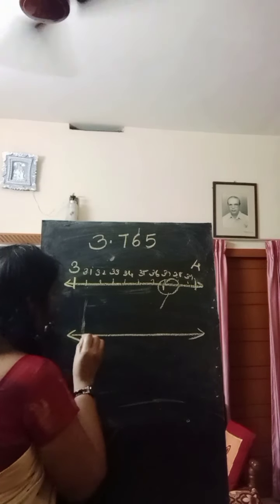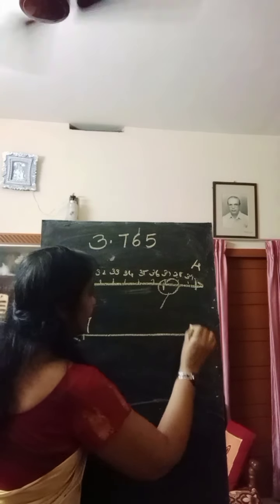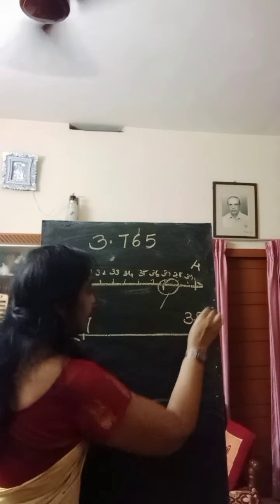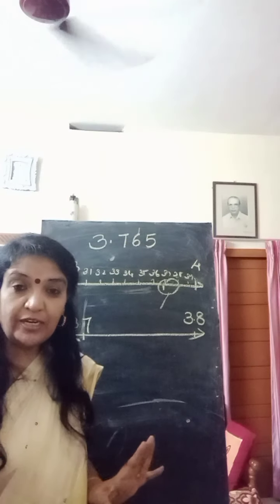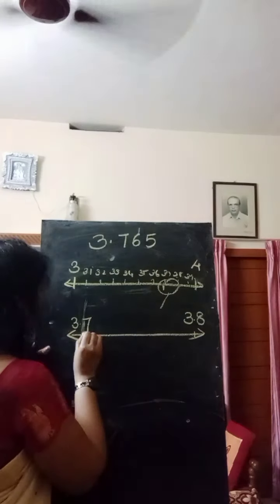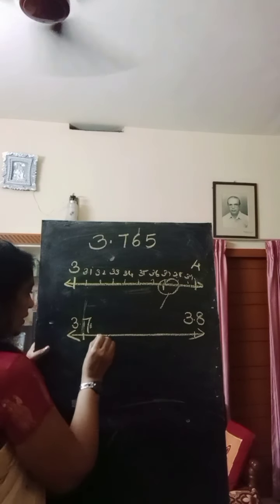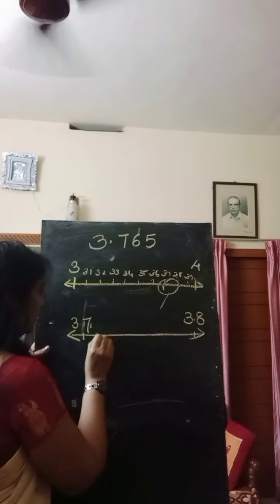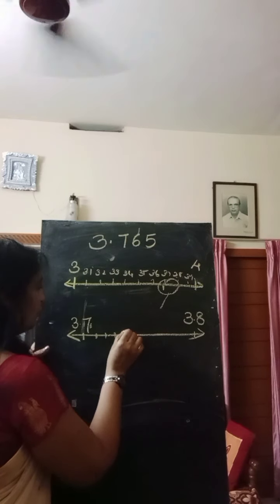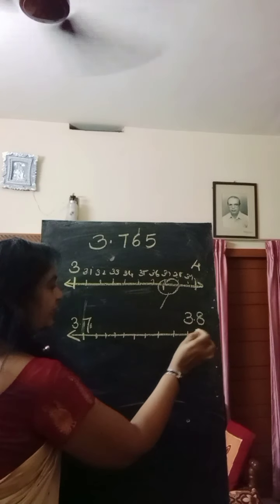Drawing the number line. Here the number is 3.7, here it is 3.8. Again you are dividing this number line into 10 equal parts. So this is 3.7, meaning 3.70. Now this is 1, 2, 3, 4, 5, 6, 7, 8, 9, 10.